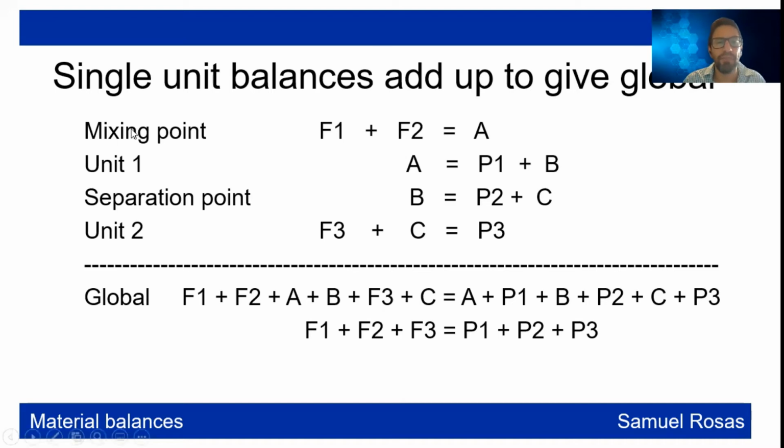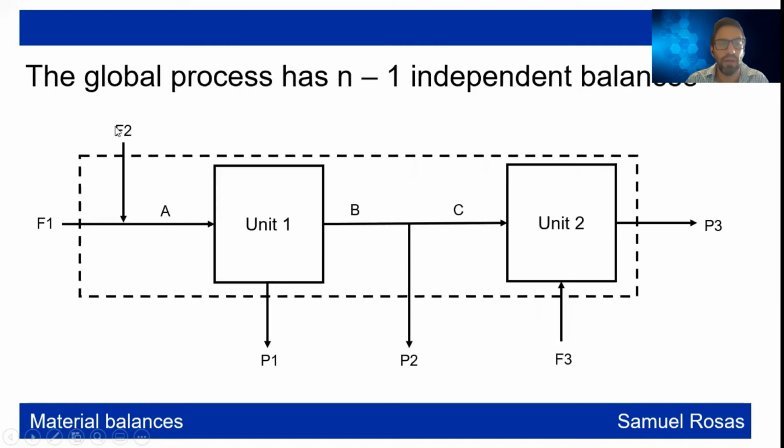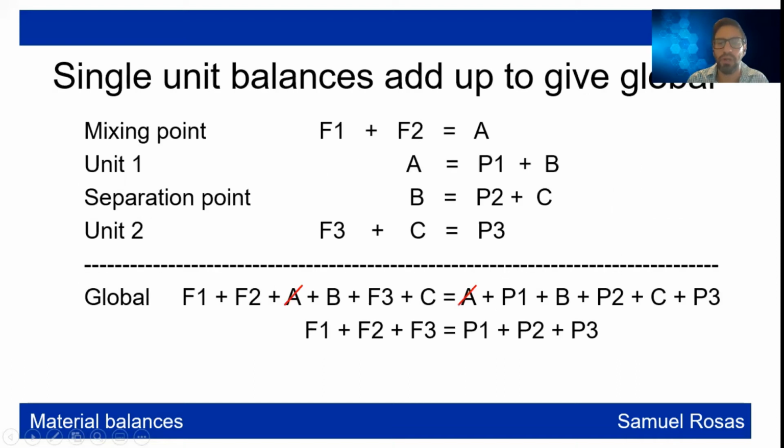If you add up the mixing point, unit 1, the separation point, and unit 2, and you add the left sides and equate that to the right sides, A, B, and C are going to cancel out, and it will yield inputs F1, F2, F3 equal to the products P1, P2, and P3, right?